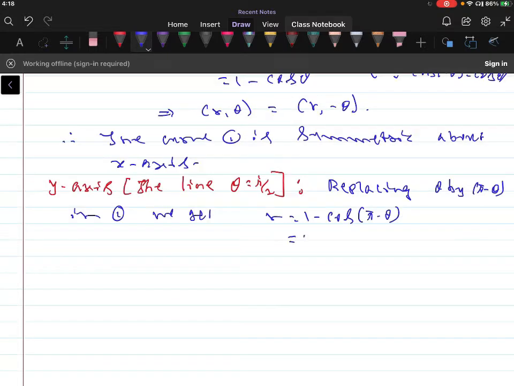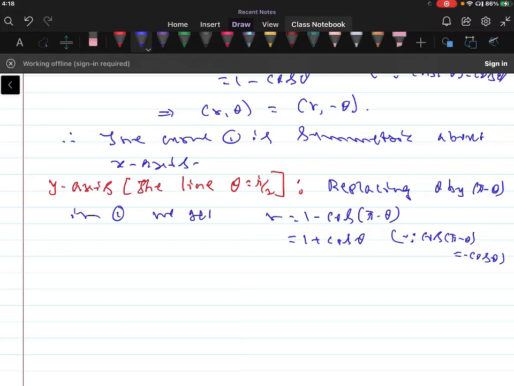So this is equal to 1 plus cos theta, since cos of pi minus theta is equal to minus cos theta.